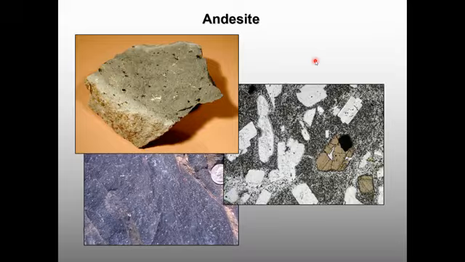So this happens because, well, andesites are volcanic, right? So they're cooling underground and then suddenly erupt out. So those hornblende phenocrysts are cooling slowly in the magma down below before it erupts. Then suddenly it erupts and the rest of the magma cools very, very fast to form that fine-grained texture that you see.